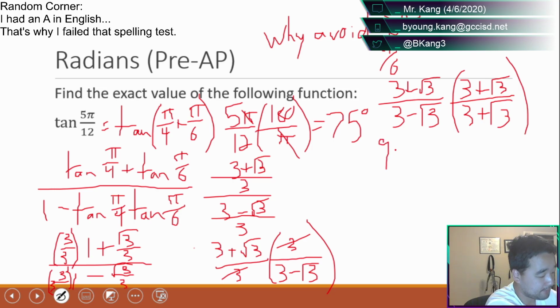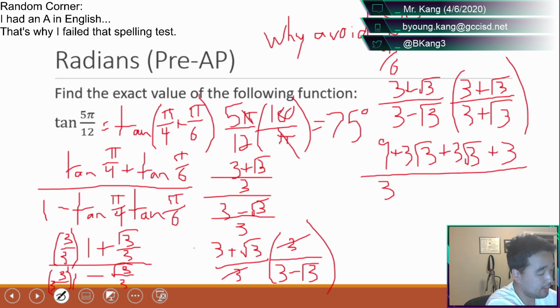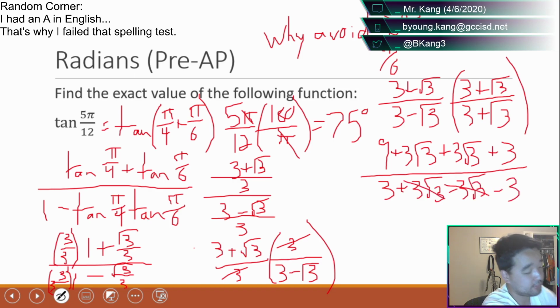So we have 9 plus 3 root 3 plus 3 root 3 plus 3, all divided by 9 plus 3 root 3 minus 3 root 3 minus 3. And those add up to 0. No more square roots on the bottom. You have 12 plus 6 square root of 3.